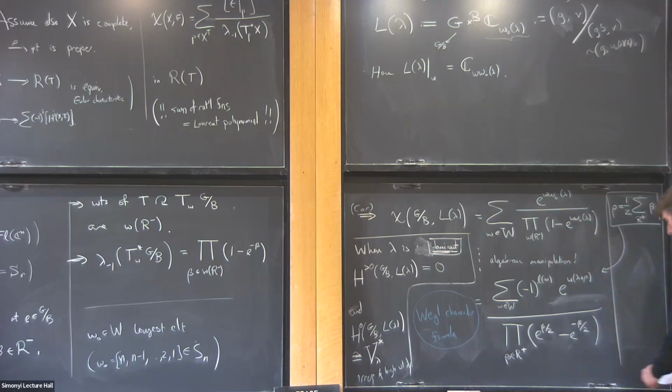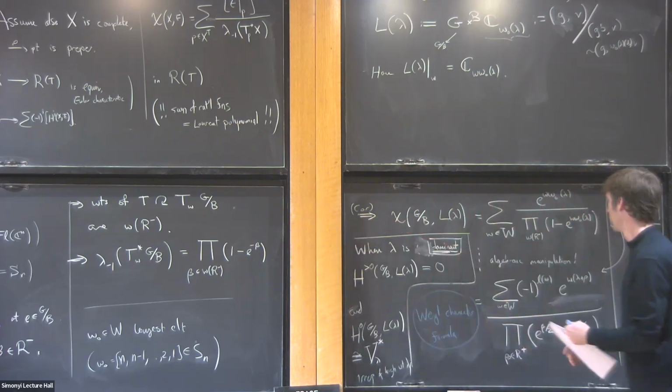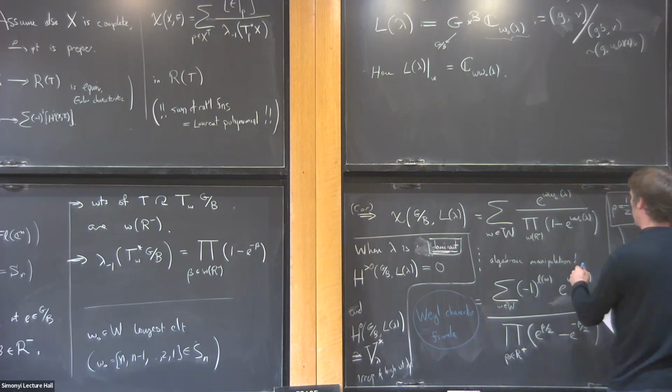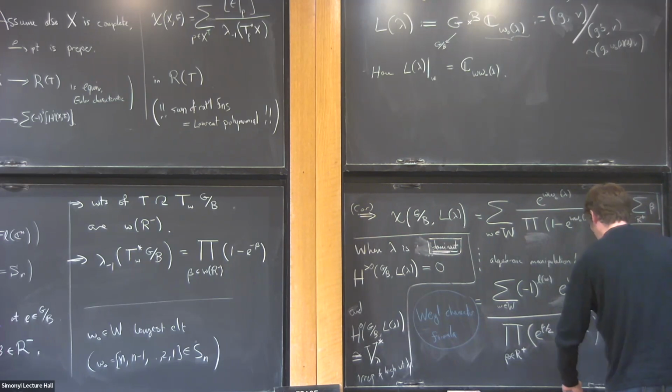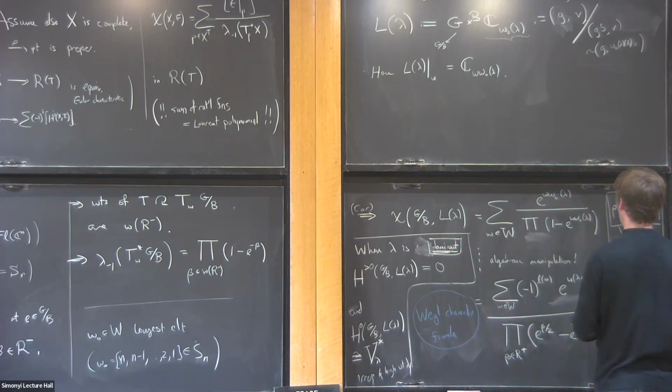The product is over positive roots, and oh, the product is over W. I'm sorry. Thank you. You're already summing over W. Hold on. Oh my gosh. Thank you.